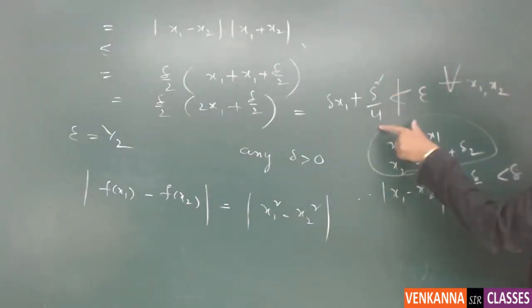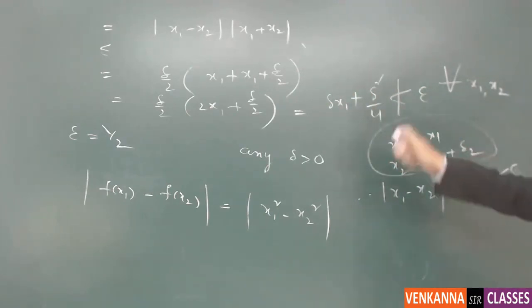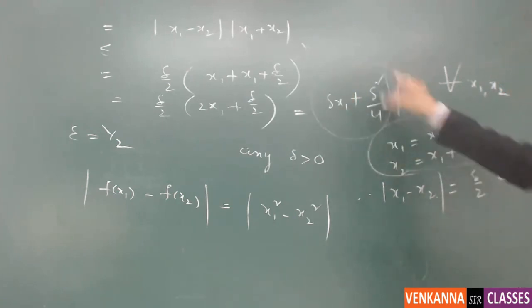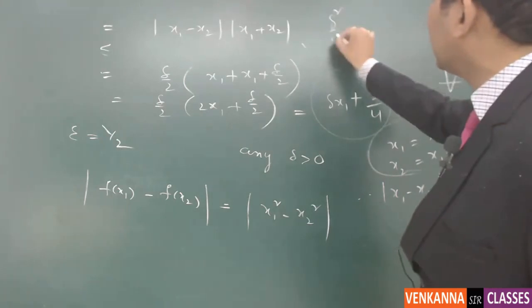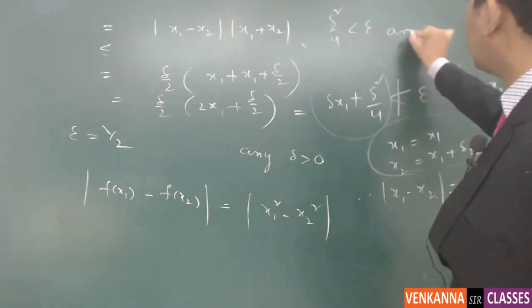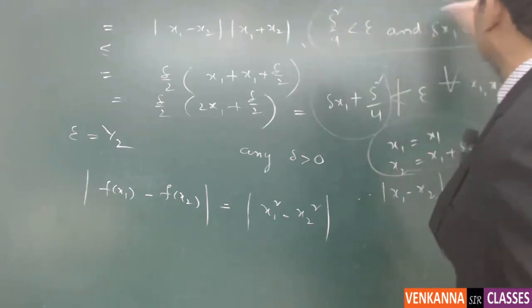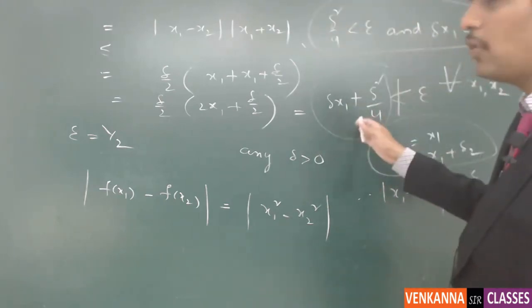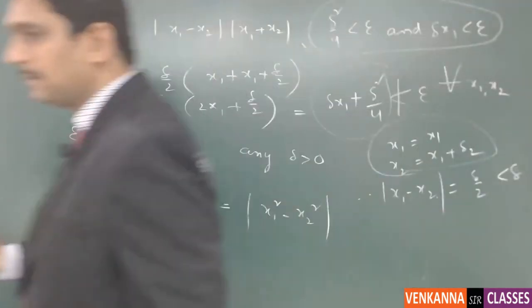One value is delta square by 4, another value is delta x1. If you want to say that this whole thing is less than epsilon, you should confirm that delta square by 4 is less than epsilon and delta x1 is less than epsilon. Then only the sum has the possibility to be less than epsilon. Agreed?